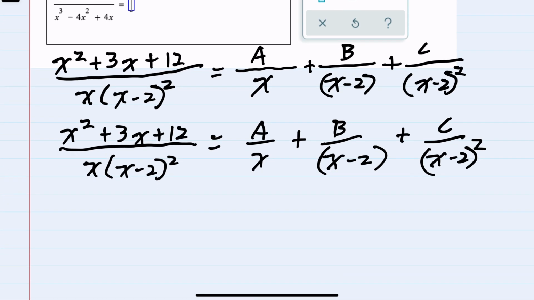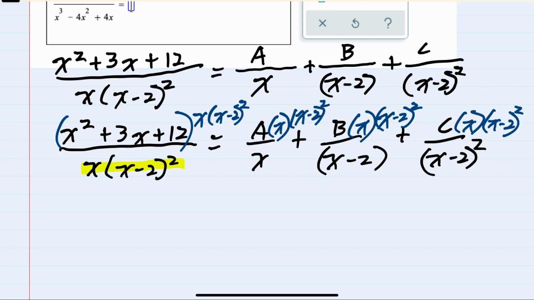As before, I'm going to multiply each of these terms by the lowest common denominator. So everything on the left is multiplied by x times (x minus 2) squared. Each of these terms on the right are multiplied by x and (x minus 2) squared. And the reason is that this is going to allow me to cancel all of these denominators.